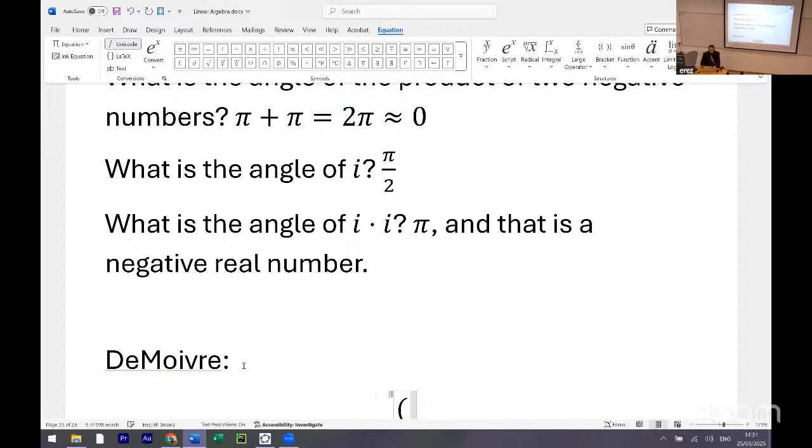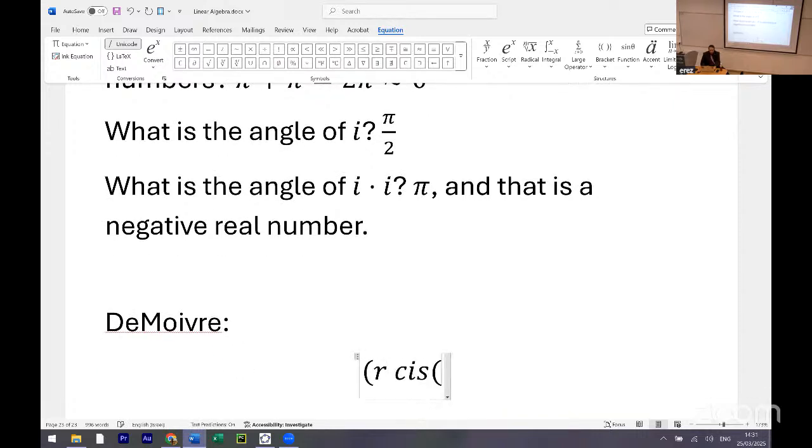The Moivre law is pretty easy. Why? If we have r cis theta and we take it to the power of n, what does it equal? It basically means multiply this number by itself n times. What will happen to the absolute value, to the distance r? It will be r times r times r, and altogether, r to the n. But what will happen to the angle?